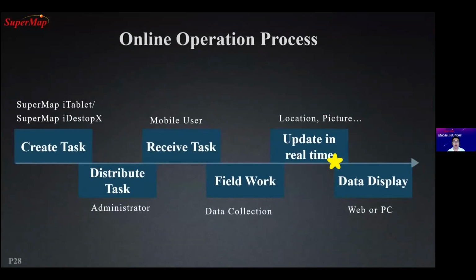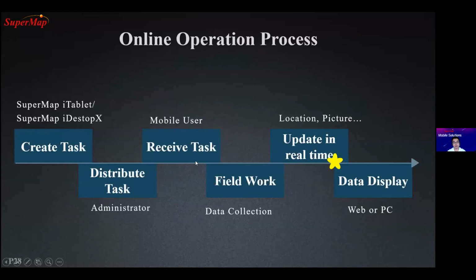And here we will provide two workflows. The first one is about the online workflow. So if we have internet on the field, we can use this workflow. First, we use a tablet or a desktop to create a task. Then we distribute the task to different people.